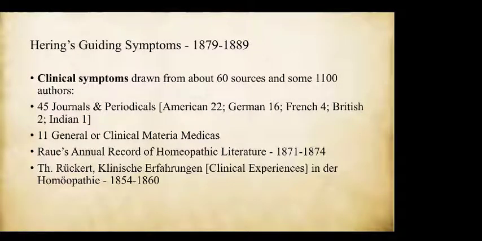Rückert's Klinische Erfahrungen, as the name says, means clinical experience in homeopathy, was published from 1854 to 1860 only in German, but as said, the German doctors were fully capable of understanding and translating those. But once again, it tells us Guiding Symptoms is a collection of clinical symptoms.